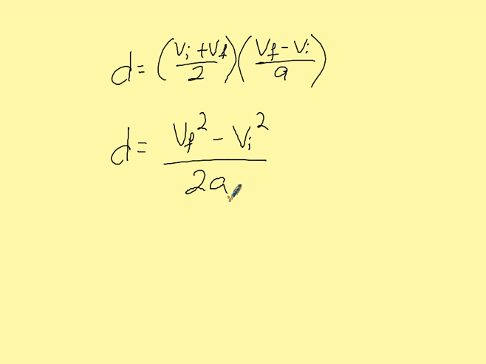We can multiply both sides times 2a and get 2a times the displacement equals the final velocity squared minus the initial velocity squared. All right, that's one thing we could do.